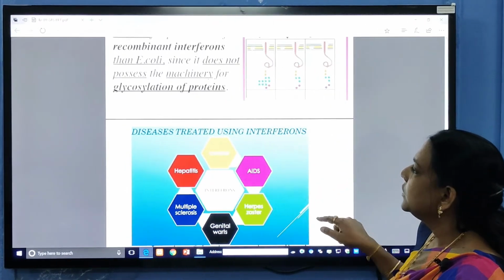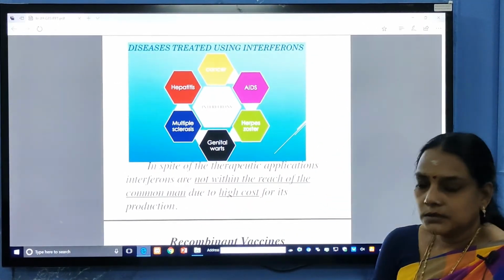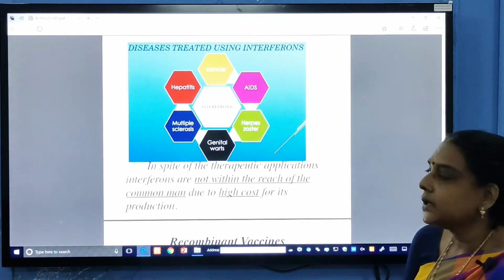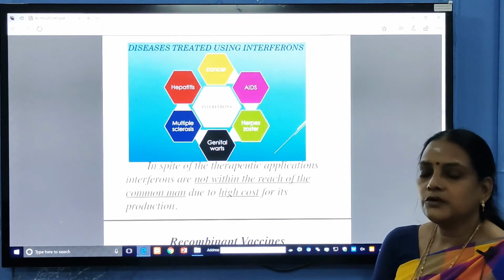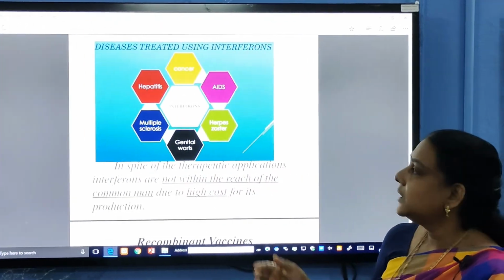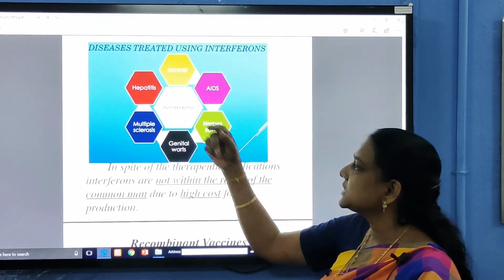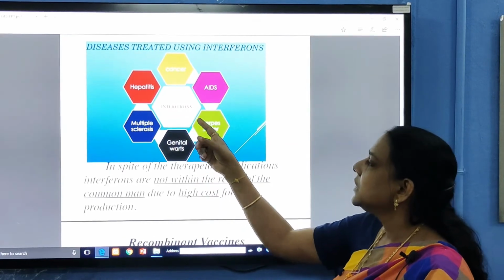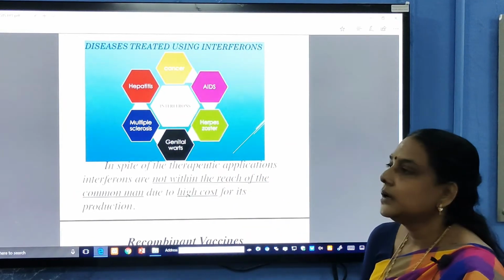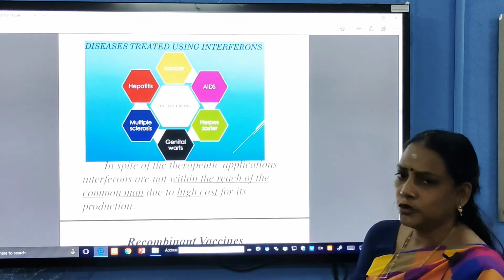Now, if interferons are not properly present, what are all the diseases we can treat with the help of interferons? The first one is cancer, AIDS, herpes zoster, genital warts, multiple sclerosis, hepatitis. All these can be treated with the help of interferons in human beings.